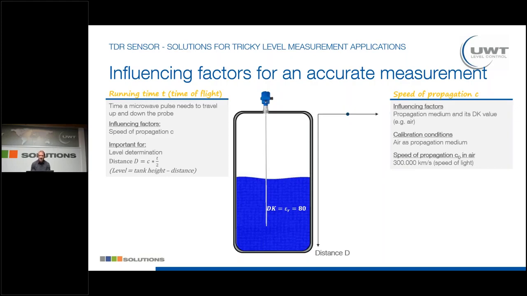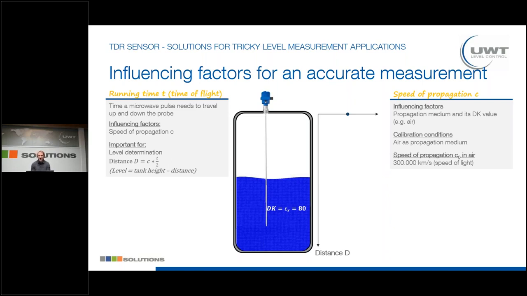With those two parameters, we can then determine the distance from the top of the vessel to the surface of the medium. So what is measured is the running time, how long it takes up and downwards. What we know is the speed of light, and with these two parameters we can determine the distance, and with the known tank height we can then calculate the level of the medium.